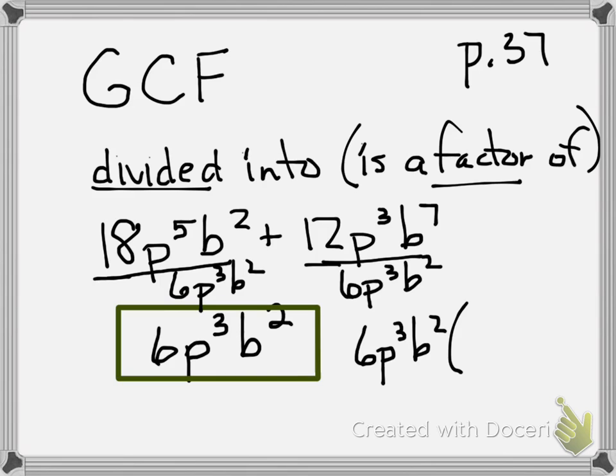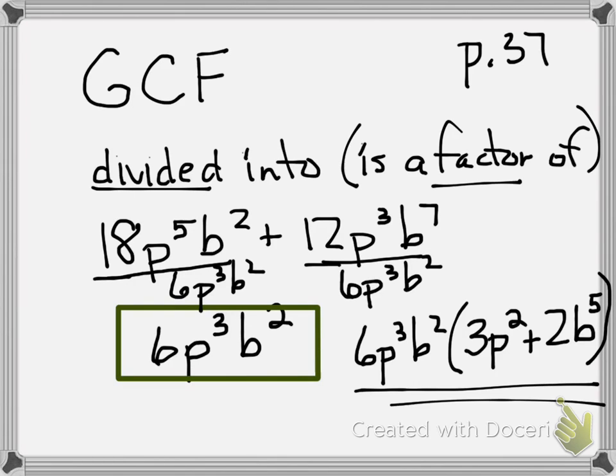So 18 divided by 6 is 3. This first term has 2 extra p's, so p to the second. The b's are the same, so nothing there. Then 12 divided by 6 is 2. That term has no extra p's, but it has 5 extra on the powers of b, so b to the 5th.